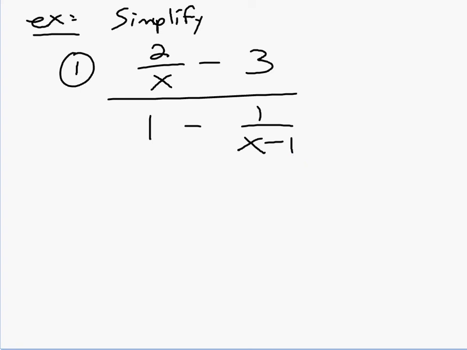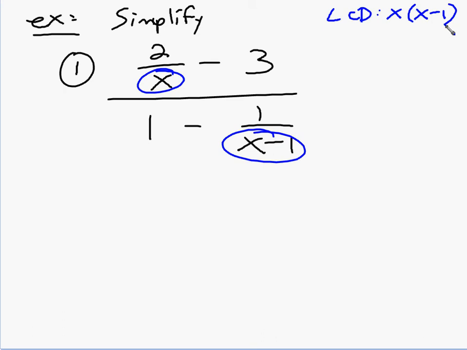What we're going to do is look at these two denominators. What is the least common denominator of those two? The LCD, isn't it x times x minus 1? If I was just looking at those two fractions, isn't that the least common denominator? We're going to multiply the top and bottom by that.